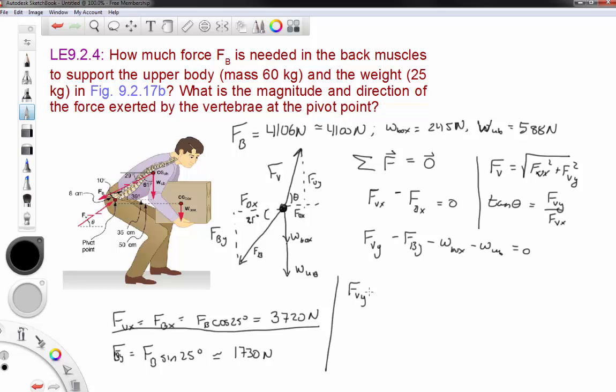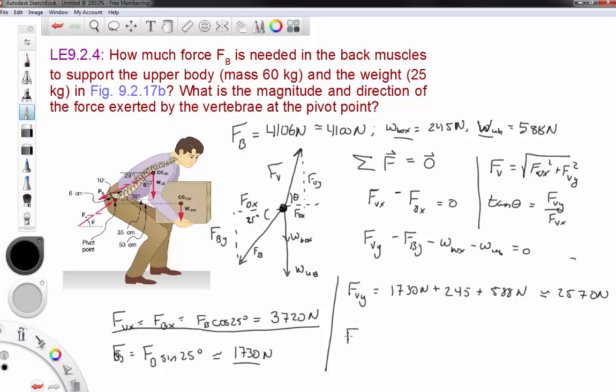For the FVy part, we're therefore going to have 1,730 newtons plus 245 newtons plus 588 newtons, and that's just using this and this and this. So the total in the y direction for the vertebrae is going to be about 2,565 newtons, so roughly 2,500, and actually if we round off, 2,570 newtons.